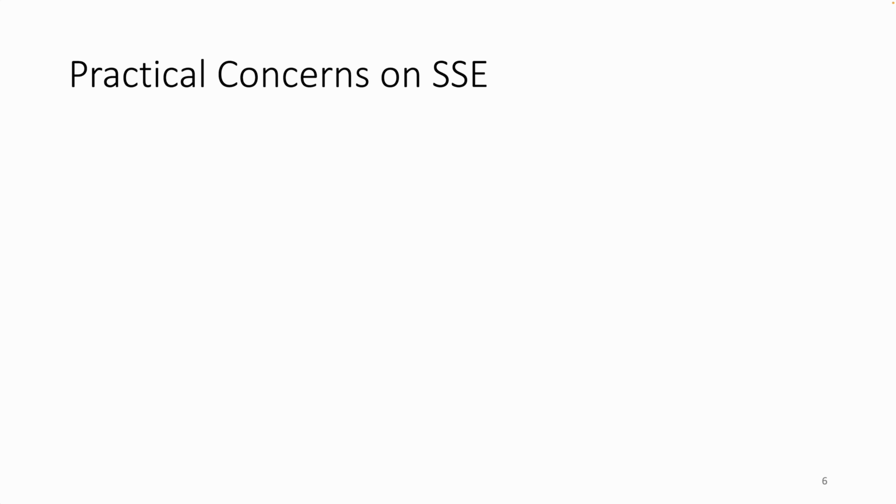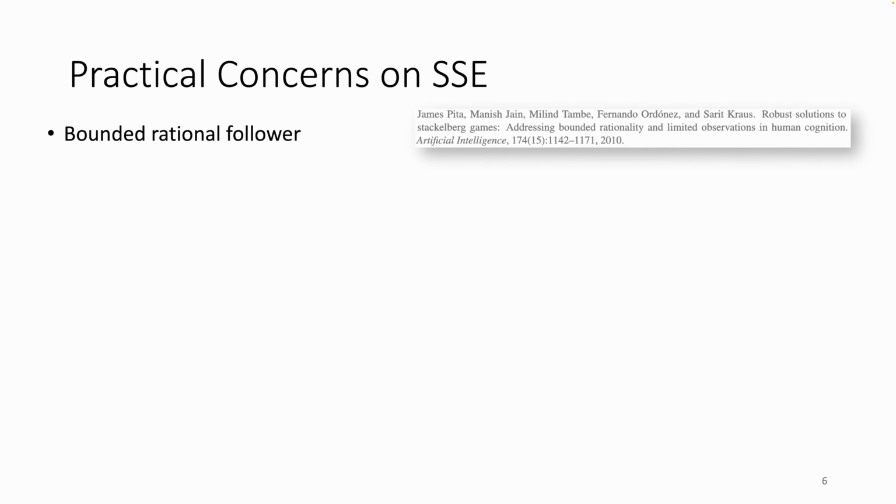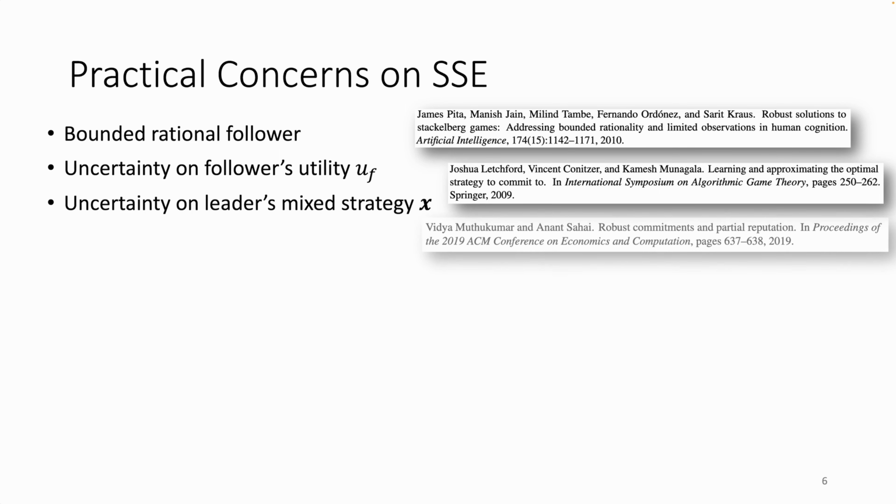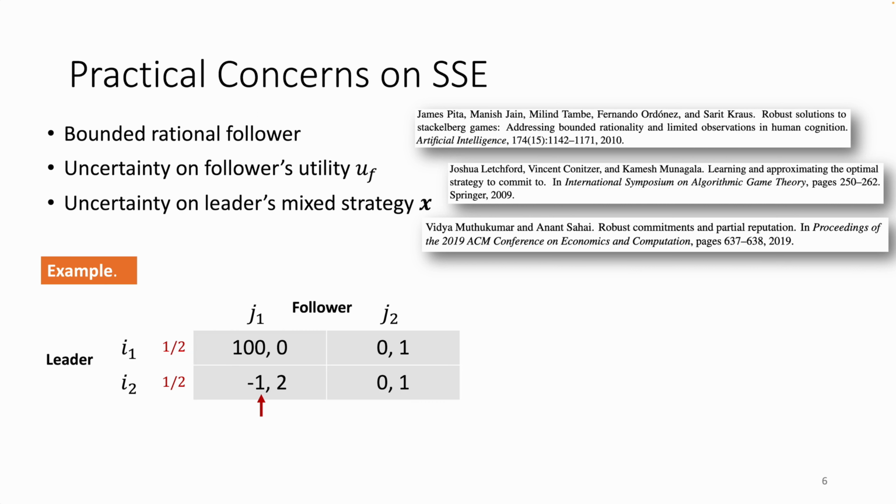However, there are some practical concerns on SSE. The first is that the follower might be boundedly rational. Moreover, there might be uncertainty on the follower's utility and also uncertainty on the leader's mixed strategy. If we go back to the previous example, all these concerns basically introduce some form of noise to the utility matrix.